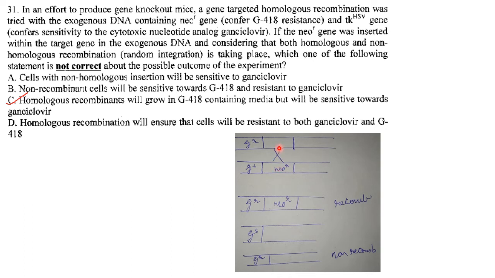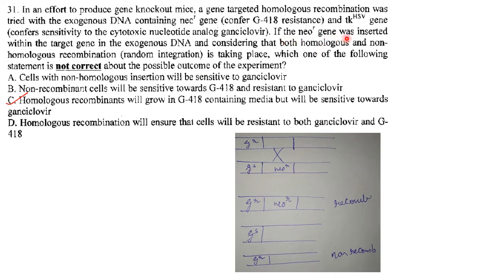They want to knock out this particular gene in mice. So they undergo homologous recombination, and neomycin will come here, and this particular region will become knocked out, because neomycin is going and sitting in that place. So the gene is already knocked out.